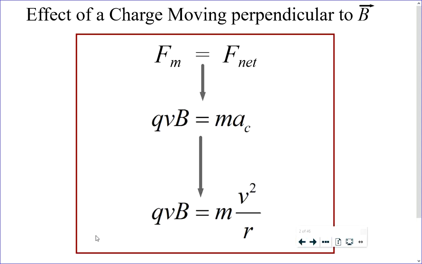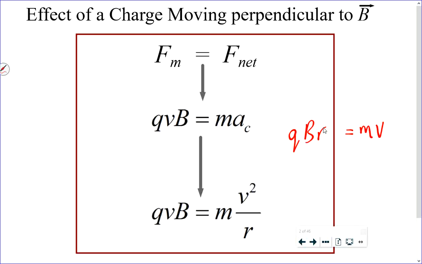The acceleration is a special acceleration, which is centripetal, and centripetal acceleration is V squared over R, so you end up with this relationship at the bottom. And what you choose to do with that relationship depends on the question and is up to you. If you want to immediately fly into QBR equals MV, which I do, I would do that.